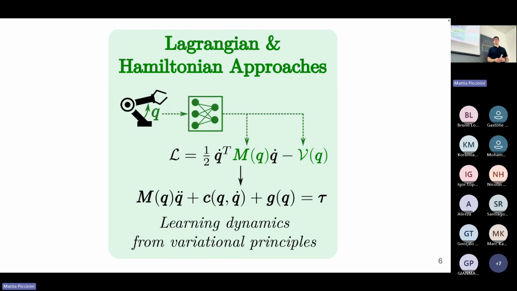With Lagrangian and Hamiltonian formulations, you can come up with equations of motion of your system. And then the idea is to learn some parts of the equations of motion with neural networks. Which parts, we're going to see in a second. But the idea is in principle simple.